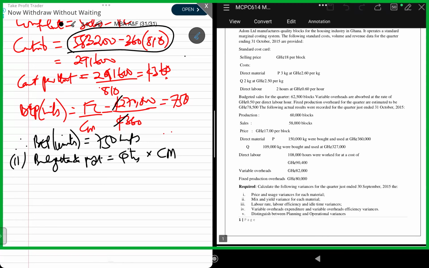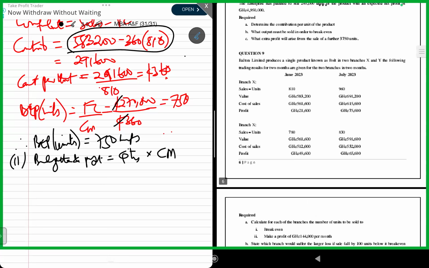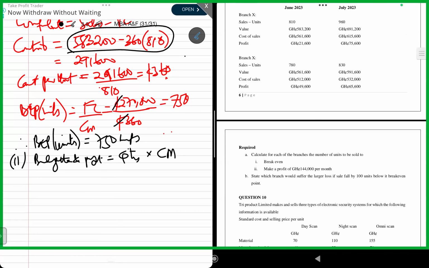Budgeted profit equals quantity times contribution margin. Then we go. It says the budgeted profit is how much? 144,000. So 144,000 equals quantity times contribution margin. It says we should find the number of units, right? What is our contribution margin? 360. So we divide both sides by 360.